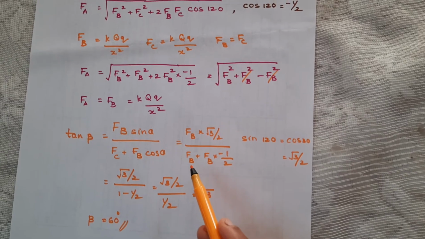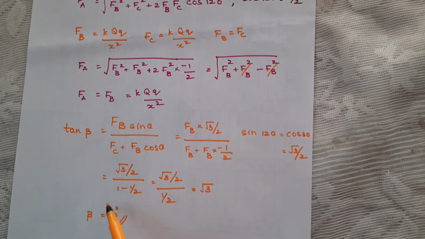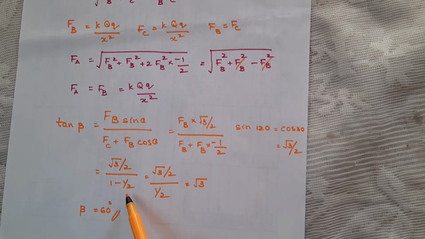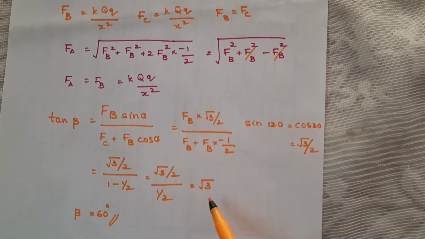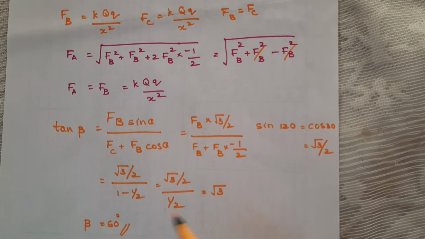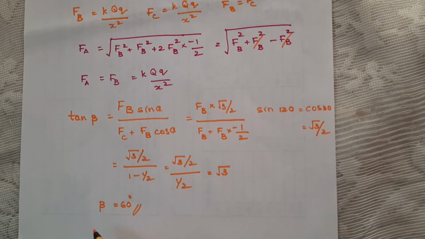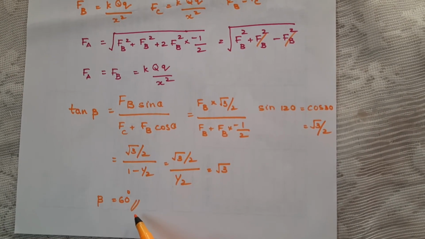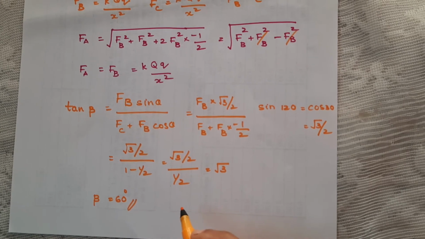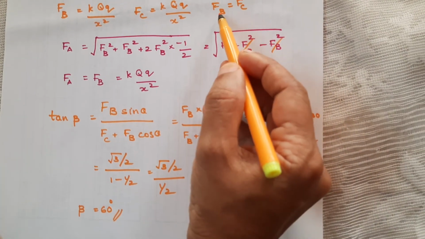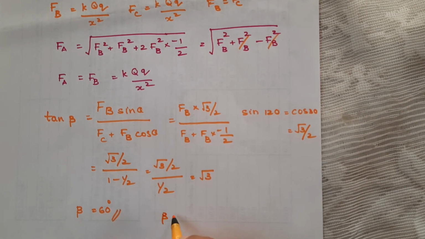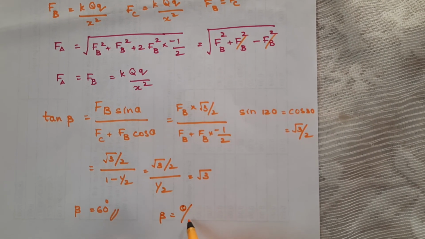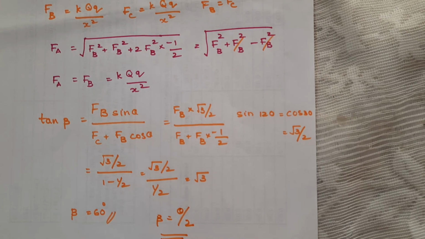Fb is common. So it is root 3 by 2 by 1 minus half, or root 3 by 2 by half, that is equal to root 3. Tan beta is root 3, so beta is equal to 60 degree. So we can say if both the vectors are equal in magnitude, then beta is equal to theta by 2. Thank you.